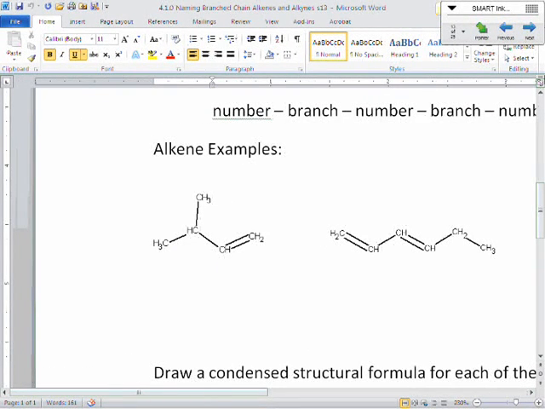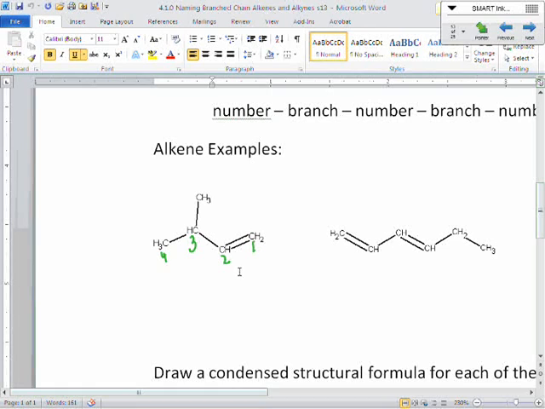Let's name this guy right here. So I've got a chain here, and again, you might think 1, 2, 3, 4. You're right, it is 4. But right away, that double bond indicates the smallest number. So there's my 1, there's my 2, and there's my 3. So because we've got 4, I always name that last one.